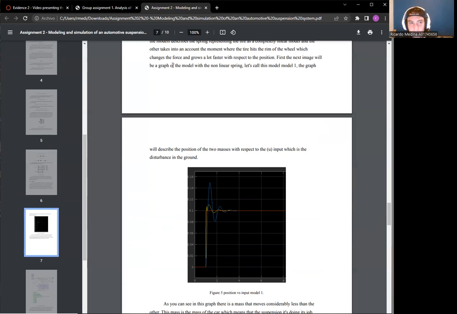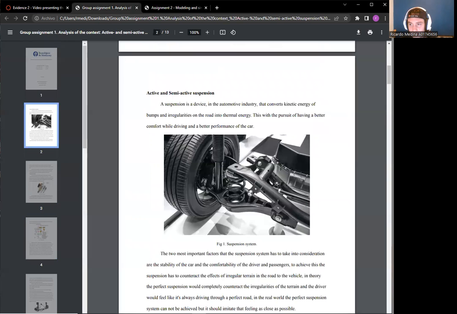We have to understand that there are two types of suspension system: the active suspension system and the semi-active suspension system. What we just modeled was the active suspension system.